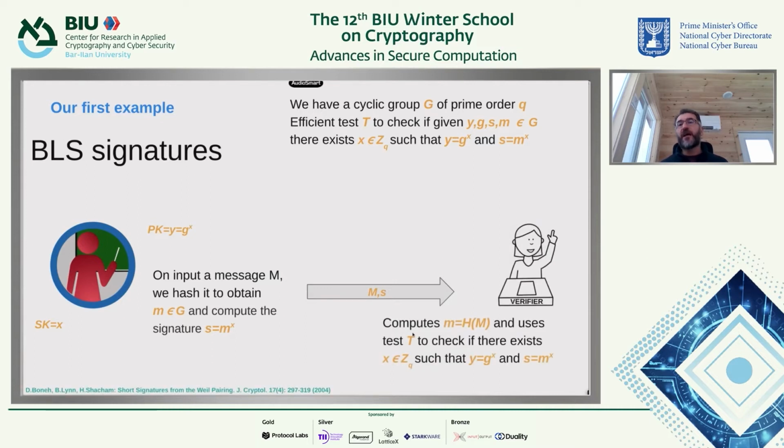The verifier uses this public test to check that m was raised to the same exponent that the public key is raised to, so basically the secret key. The idea is that only the signer can do it. And this is the reference right here. So this is how BLS works.